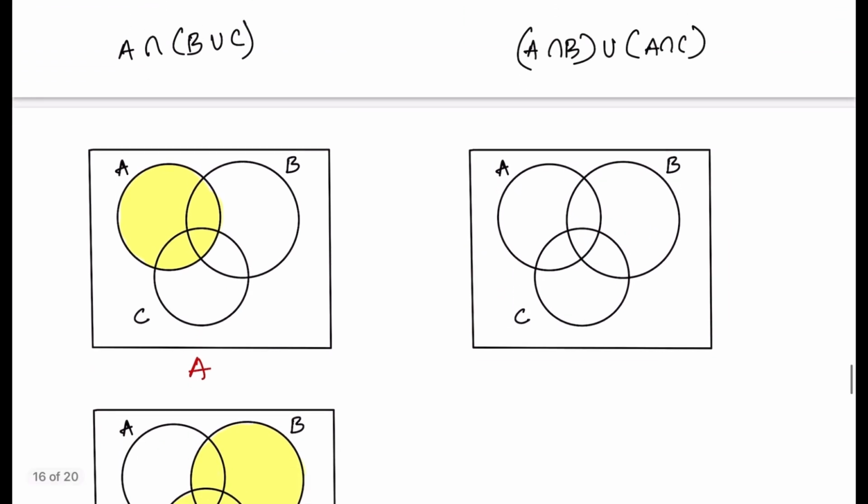First we need to shade A intersection B. Basically this is the common region for A and B. So we will shade that region.